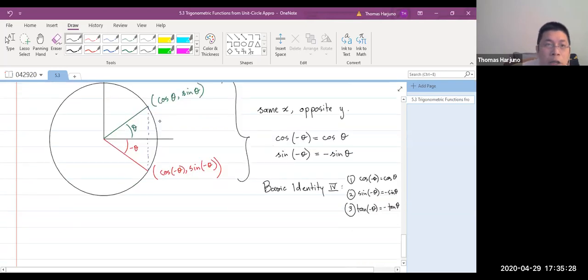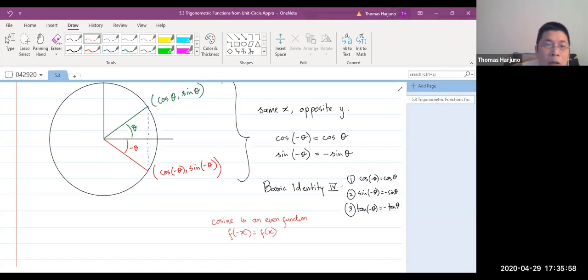Now, in short, we can say that cosine is an even function. How do we know a function is an even function? Well, f of negative x equals f of x. That's what we see there.